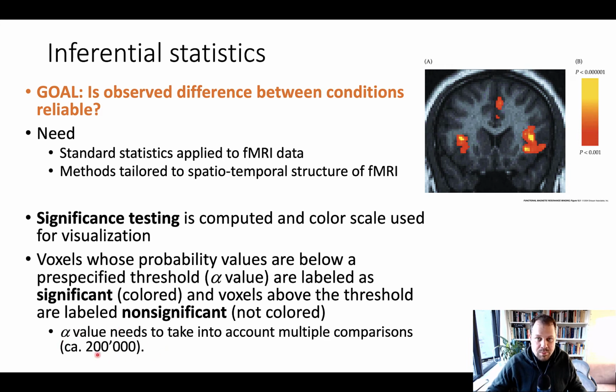The problem here being that the more comparisons you make, the more likely it is that a number of voxels simply survive the threshold, or are below this pre-specified alpha value, due to chance, right? There's always some level of chance that would lead to us stating that a voxel is significantly activated, whereas in actual life it is not.